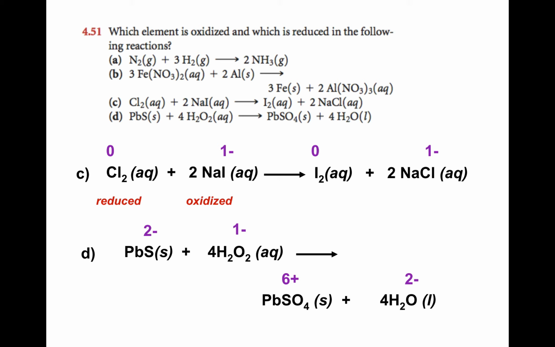So again, you figure out the oxidation state of the sulfate by adding up the sum of the oxidation states to get that +6. So in order to go from a -2 to a +6, this means you were oxidized. You had to lose electrons. And peroxide, going from a -1 state to oxide as a -2 state, you had to gain electrons.